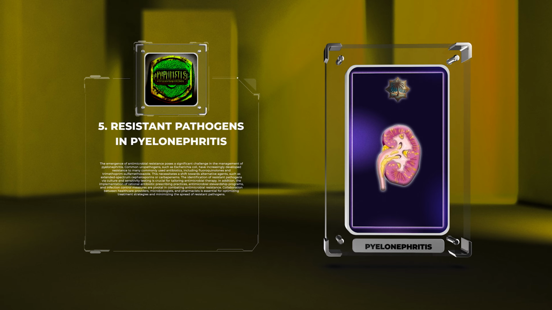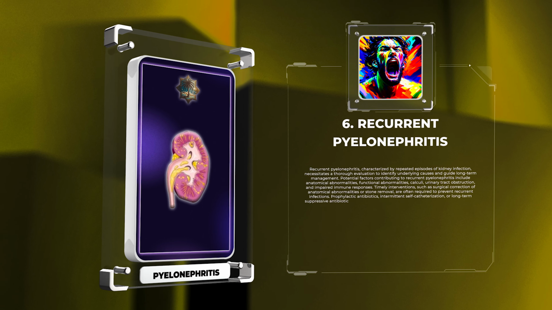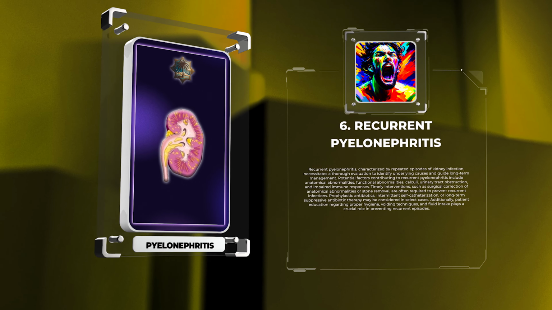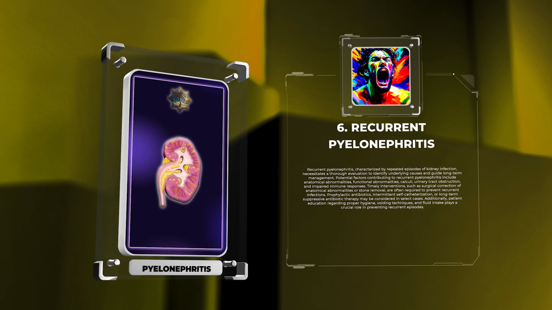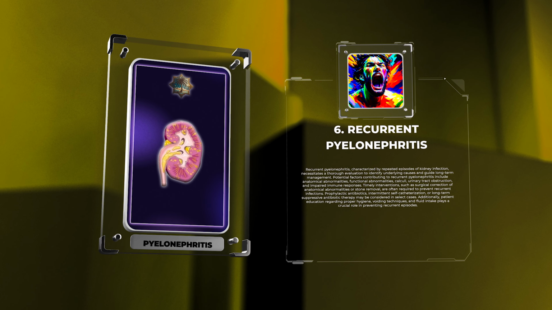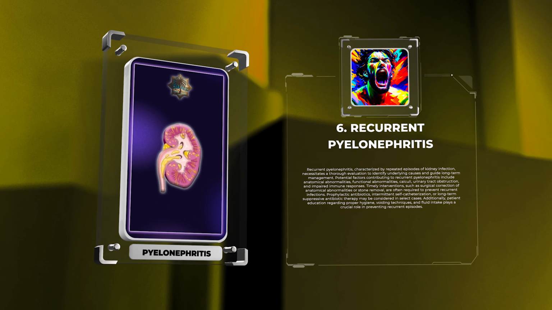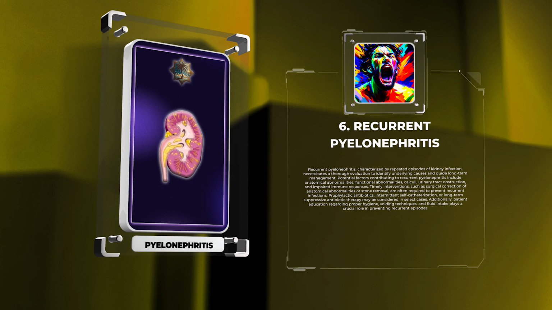Recurrent pyelonephritis, characterized by repeated episodes of kidney infection, necessitates a thorough evaluation to identify underlying causes and guide long-term management. Potential factors contributing to recurrent pyelonephritis include anatomical abnormalities, functional abnormalities, calculi, urinary tract obstruction, and impaired immune responses.